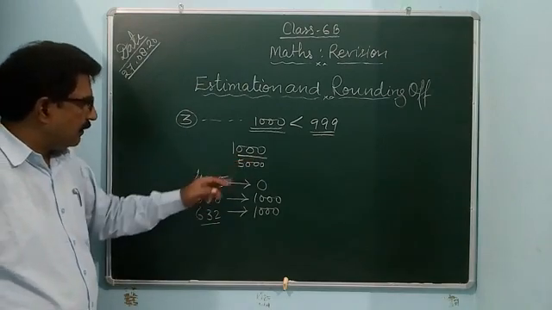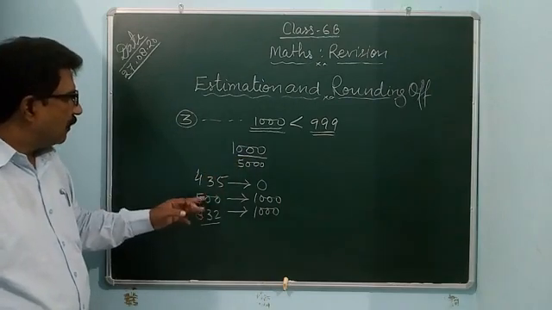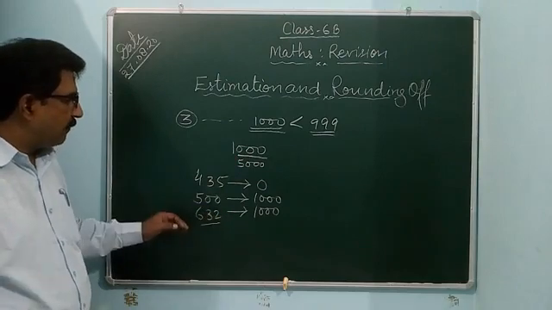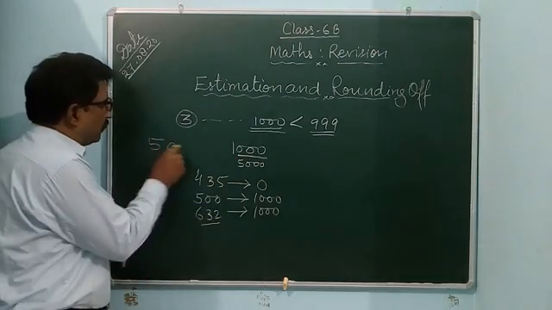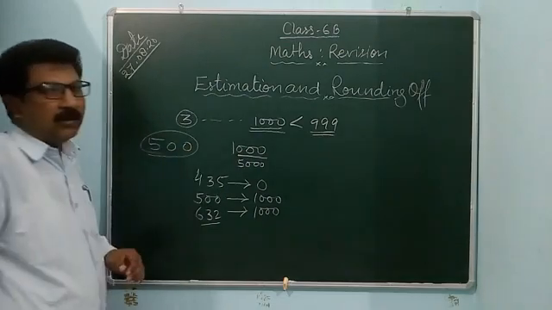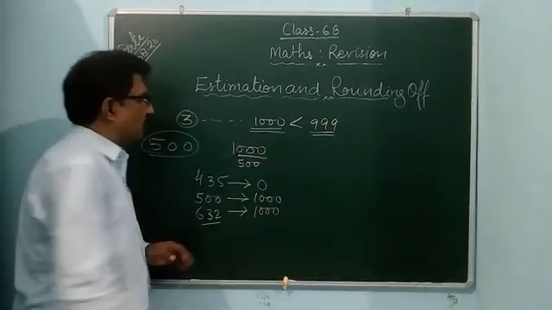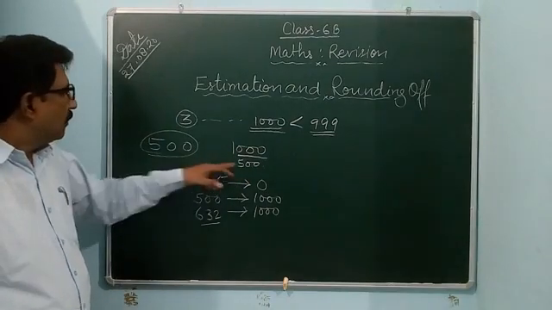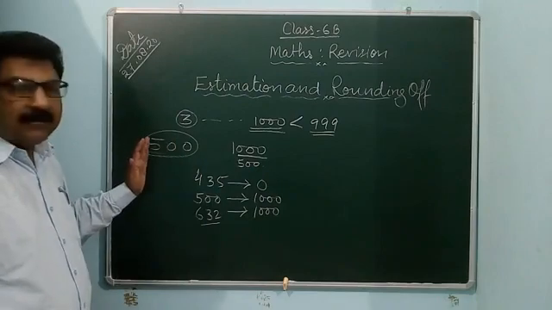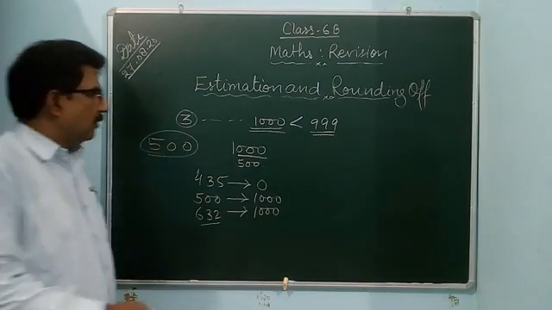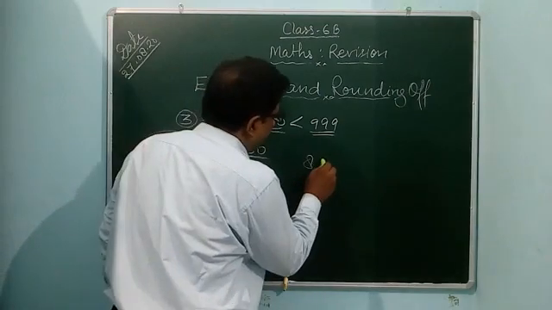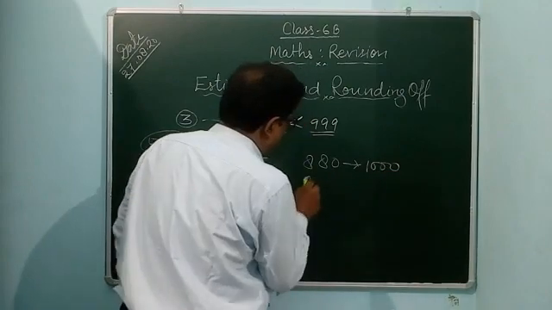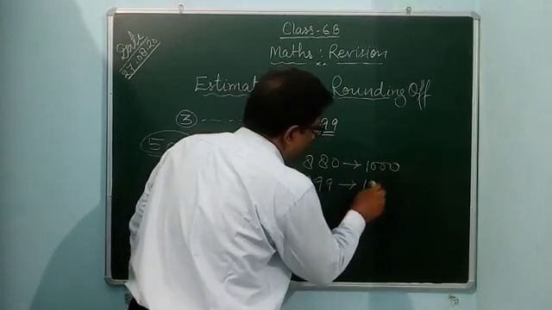Only 500 or more counts for the 1000 place. Suppose the number is 880, it is also estimated as 1000. 999 is also estimated as 1000.